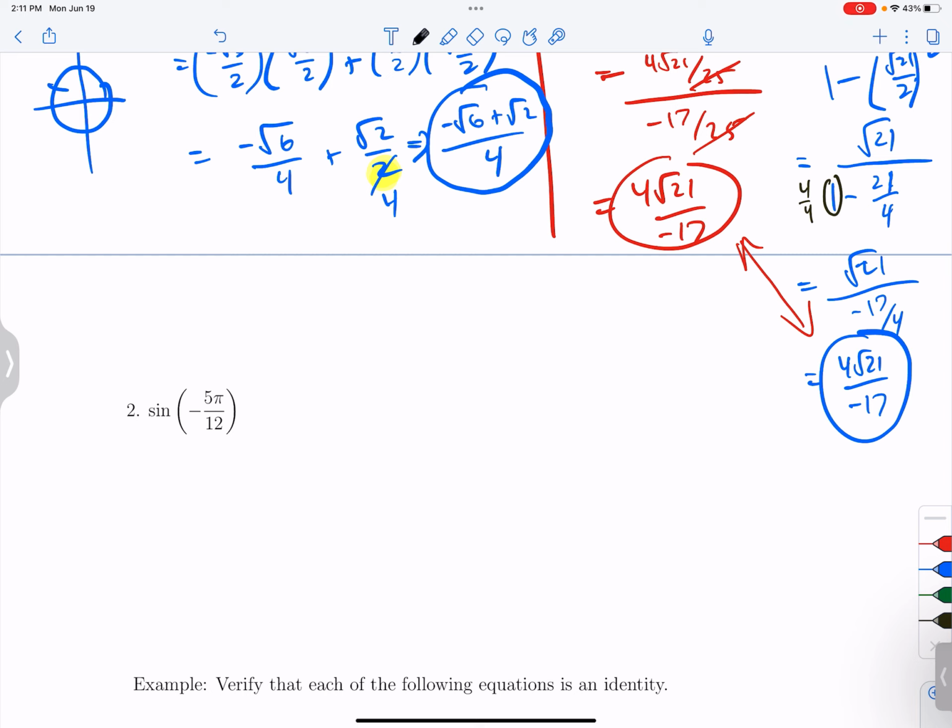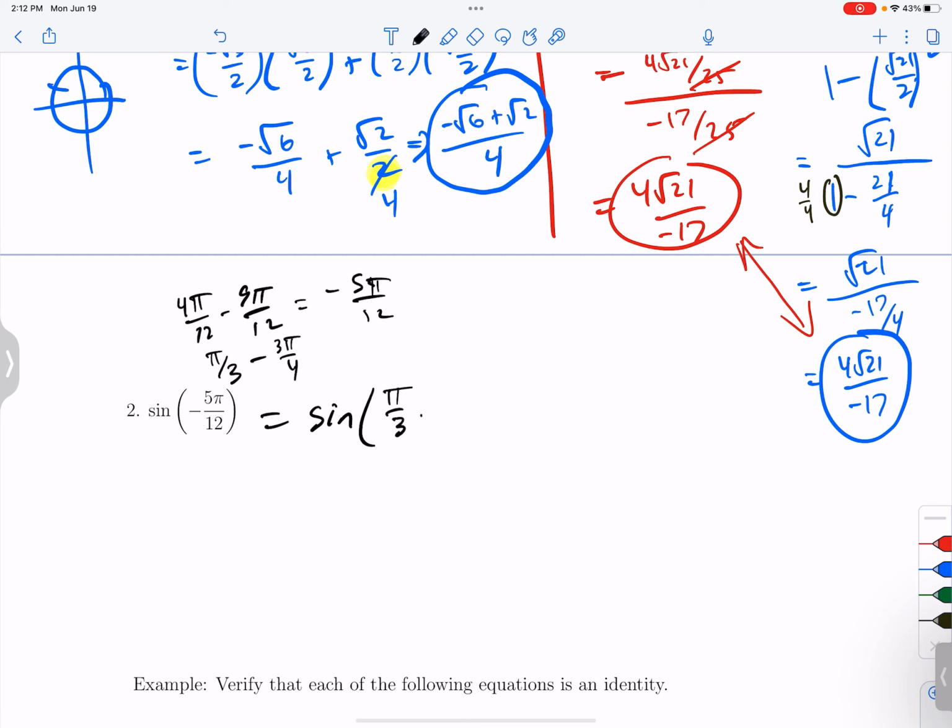I think if I do 4 pi over 12 minus 9 pi over 12, because 4 pi over 12 is pi over 3, that's on the unit circle. 9 pi over 12 is 3 pi over 4, that's also on the unit circle. And that adds up to negative 5 pi over 12. So I'm going to write that with those angles that are on the unit circle, and then we'll just expand.